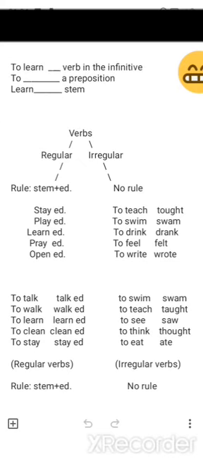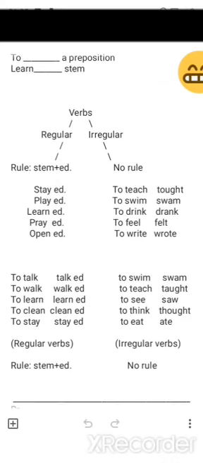Irregular verbs, however, we don't have a rule to stick to. For example, to teach, to swim, and these are irregular verbs. To teach, to swim, to drink, to feel, to write. These are, we said, irregular verbs. If we want to conjugate them in the simple past, we notice here that it changed completely.